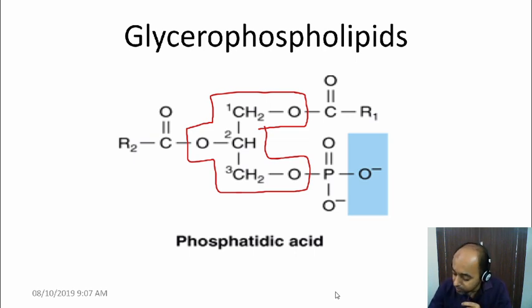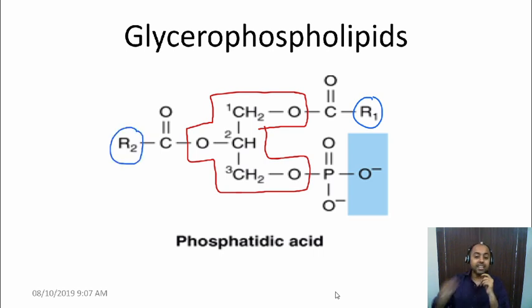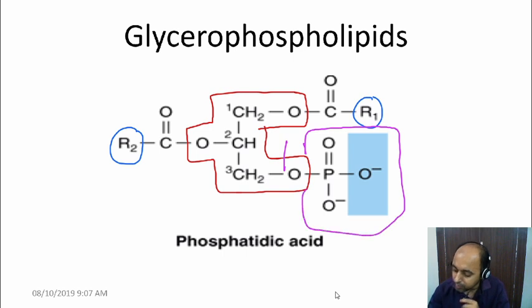The acid number 1 is R1, the acid number 2 is R2, and the phosphate is attached at carbon 3. So this is the building block of the glycerophospholipids.